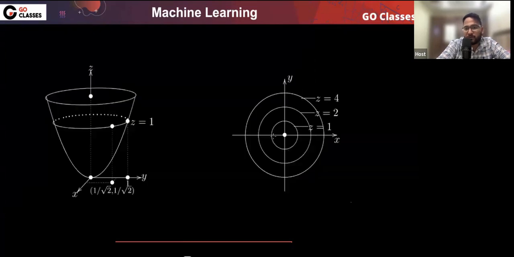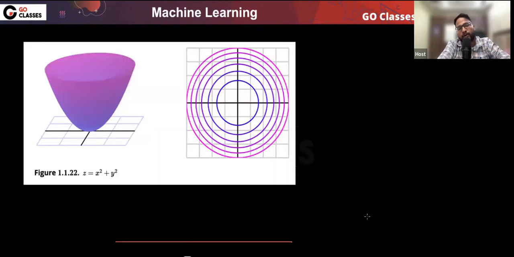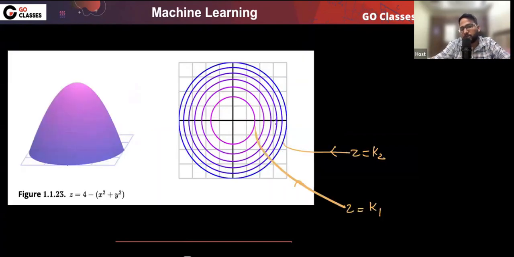For example, if here z is 1, it won't happen that here it is 1 and here it is 2. For one contour, the value of z will be the same. Can you tell me whether k1 is greater than k2 or k2 is greater than k1?